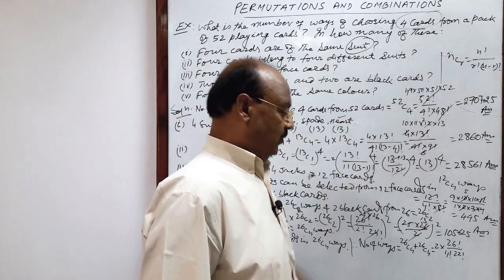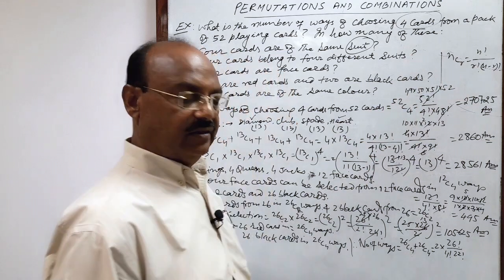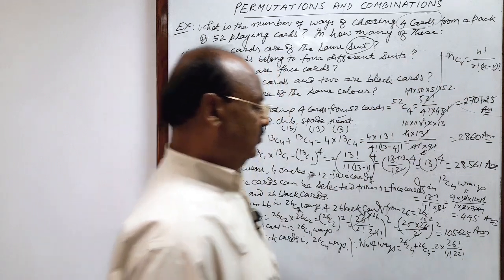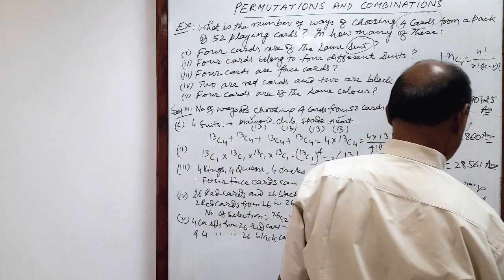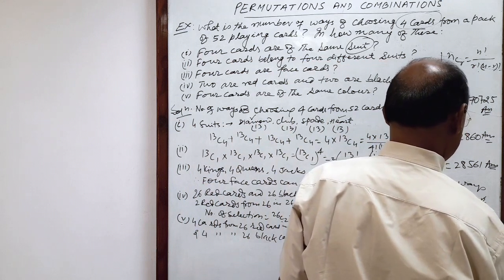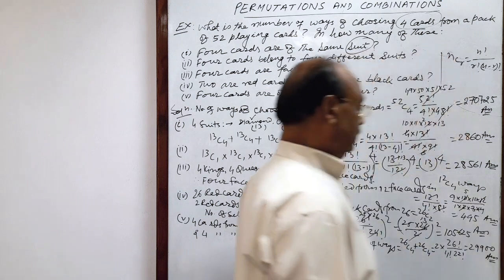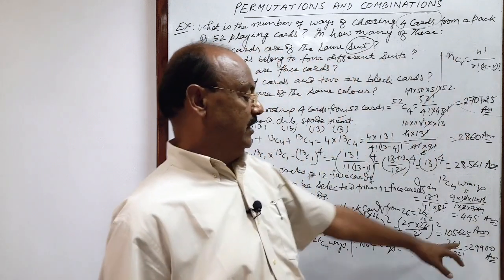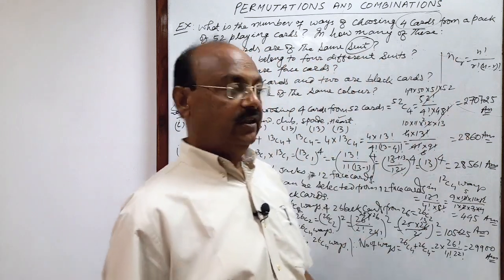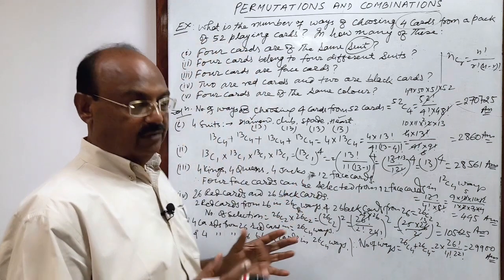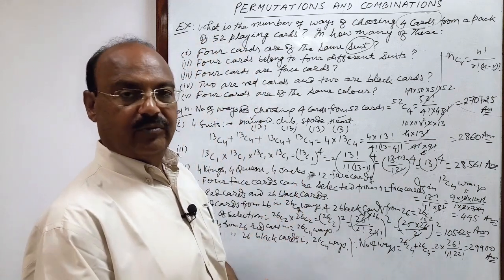Using this formula, we can simplify it very easily, and this will be equal to 29,900. This will be the answer. Okay, 29,900.